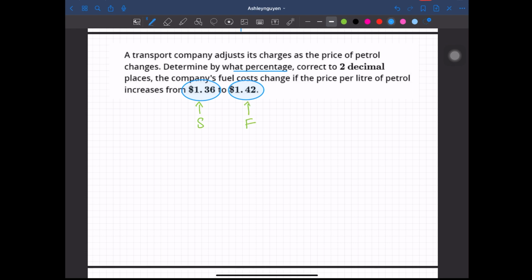So plug it into the formula: finishing value take away starting value, divide by starting value, times by 100. Put it in the calculator. You can see that it equals 4.41%. So the company's fuel cost increased by 4.41%. That's how we use the formula and working out to find the percentage change.